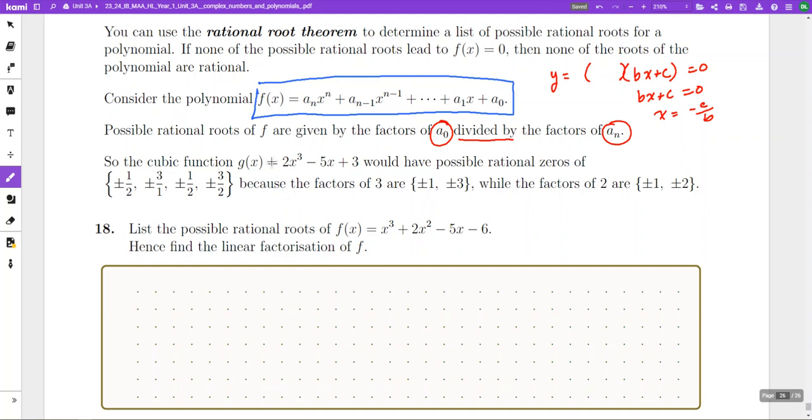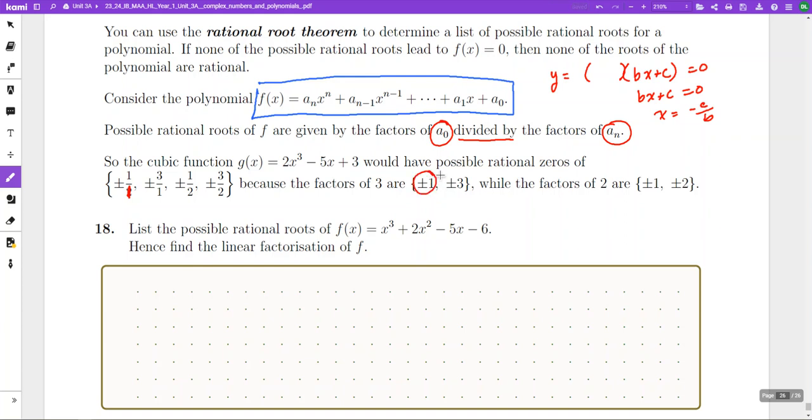So here for this cubic function, 2x cubed minus 5x plus 3, we'd have possible rational zeros of plus or minus 1, plus or minus 3, plus or minus 1 half, plus or minus 3 halves. The reason for it is that the factors of 3 are plus or minus 1, plus or minus 3.